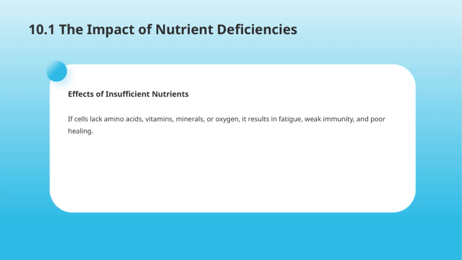And poor healing is often a result, as the body struggles to repair tissues and recover from injuries. These effects highlight just how crucial proper nutrition is for maintaining overall health and supporting the body's ability to fight off disease and heal itself. This slide emphasizes the importance of addressing nutrient deficiencies early to prevent these negative outcomes.